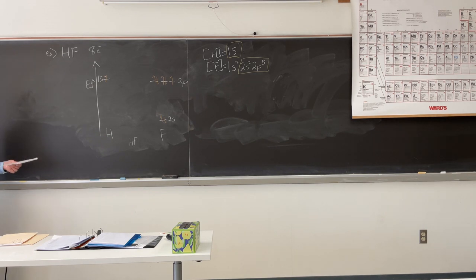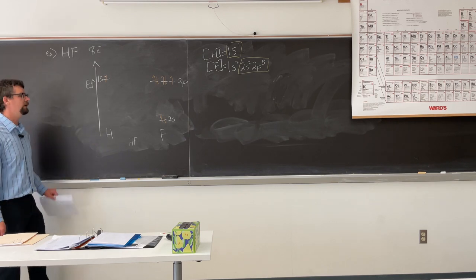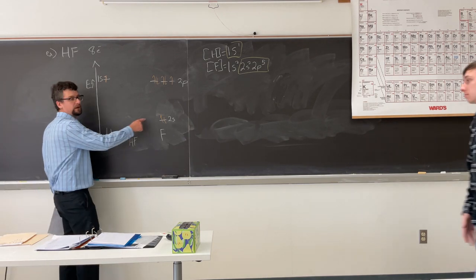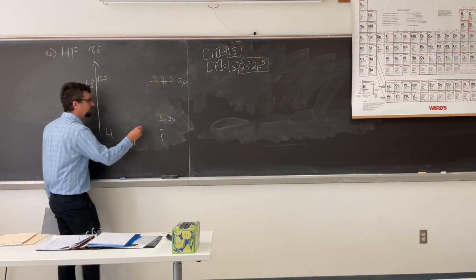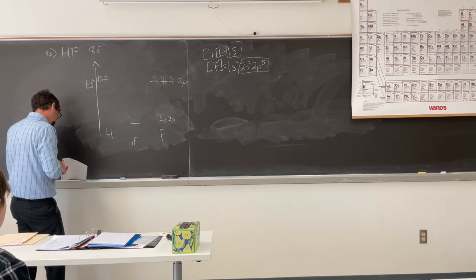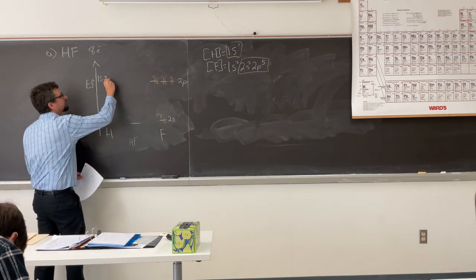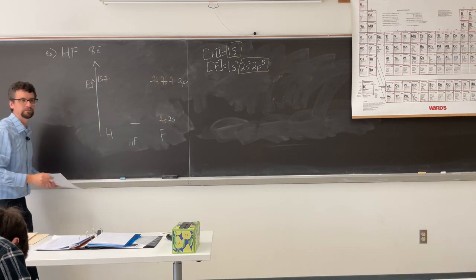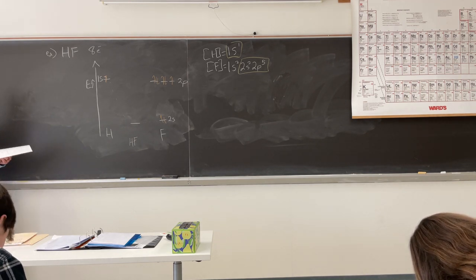Okay, tell me what's going to happen. Yeah, the 1s and the 2p are going to interact. With the 2s, there is some symmetry combination that actually lowers the energy a little bit. So this one gets lowered some. There's sort of a contribution here. It gets lowered a bit.